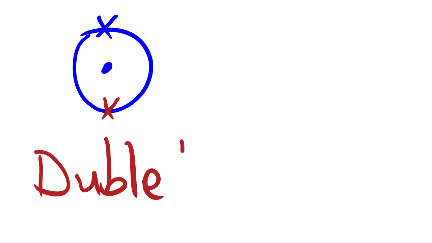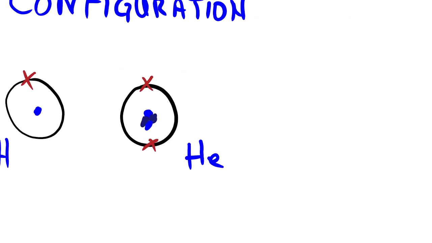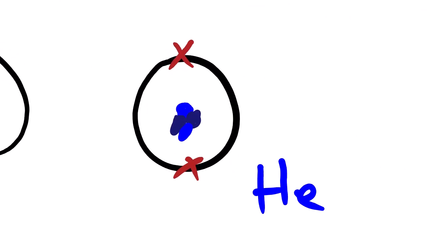Doublet stage. When it's a doublet, that means it is full. The innermost shell, this first shell, is full now because it has 2 electrons. This is the state of helium, because if you look at the electronic configuration of helium, it has 2 electrons at the outermost shell.